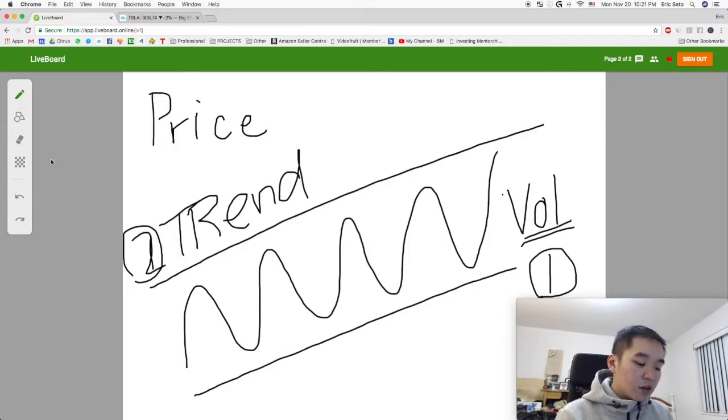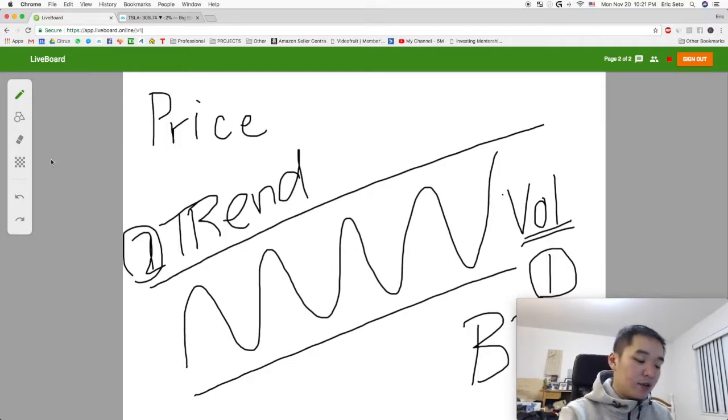So since there's only 2 components, you only need 2 indicators, and that's it. And as long as the indicators that you choose cover both of these components, then you're good to go. So in our case, if you look at the charting template that I gave you, for volatility, we have Bollinger Band.